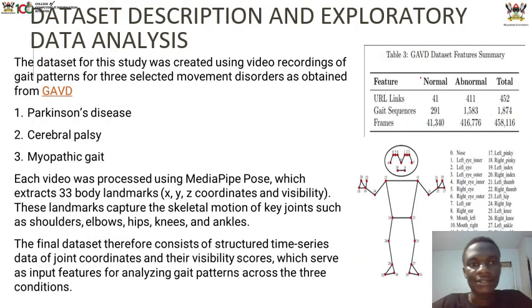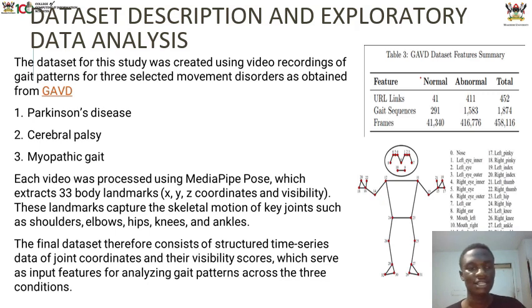All right, Joseph here, and I'm taking you through the dataset description and the exploratory data analysis. To begin with, the dataset itself was extracted from GAVD, which is a gait abnormality in video dataset.